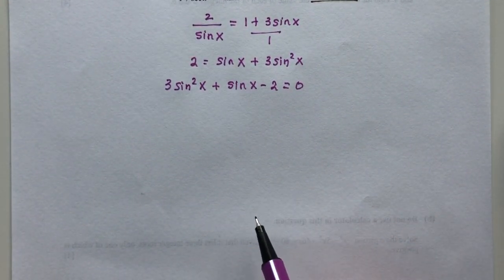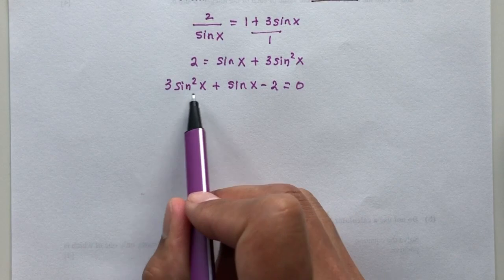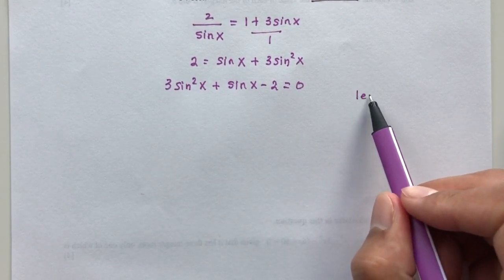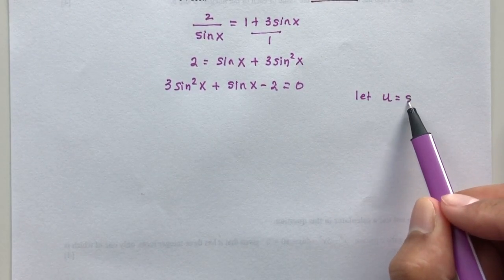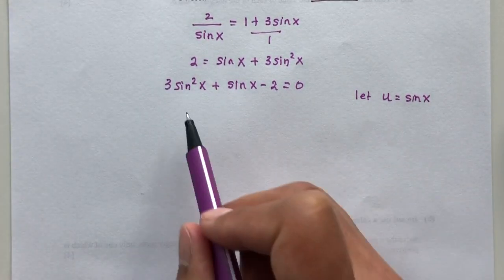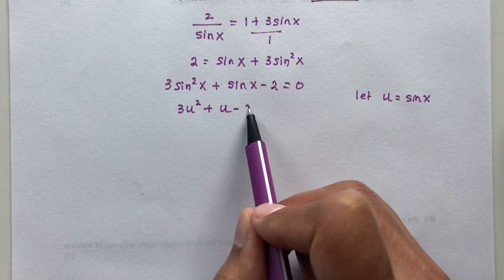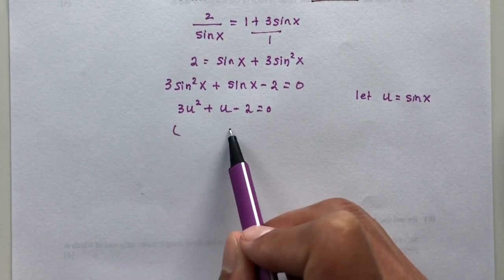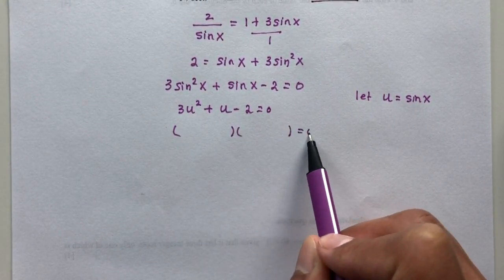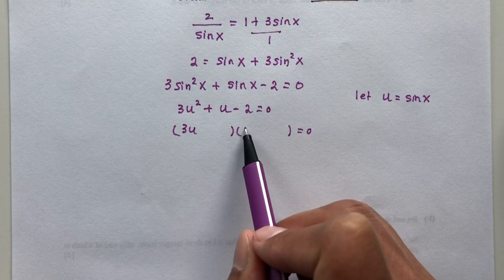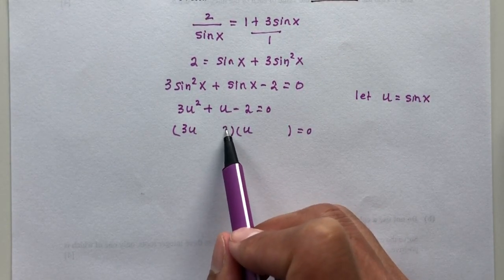Now we can factorize. If that confuses you, you can just say let u equal sin x. So it becomes 3u squared plus u minus 2. Now it is much simpler to factorize. That will be 3u and u, and 2 and 1.